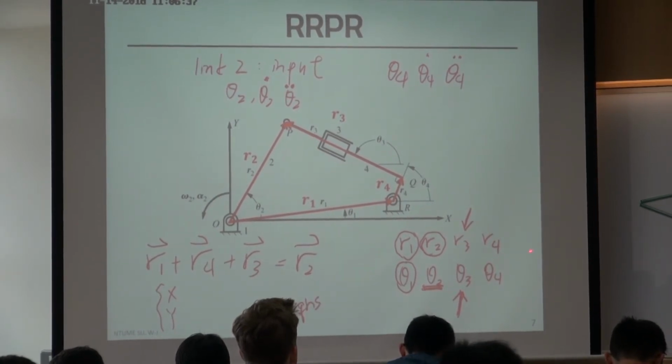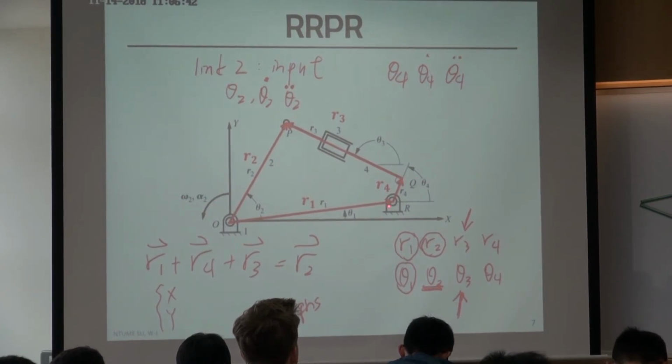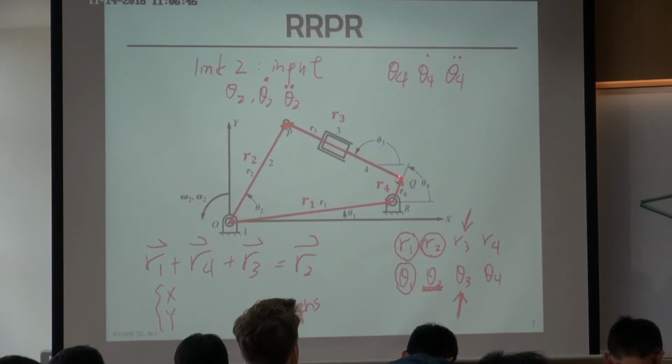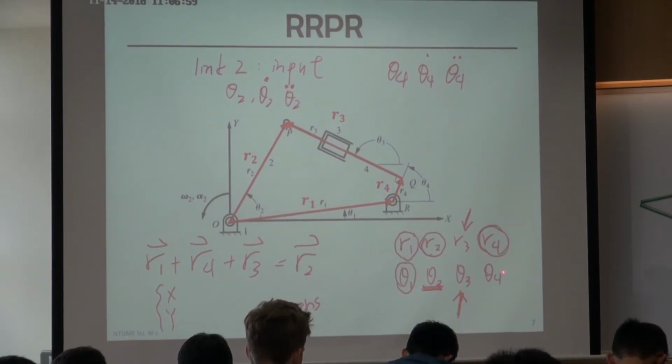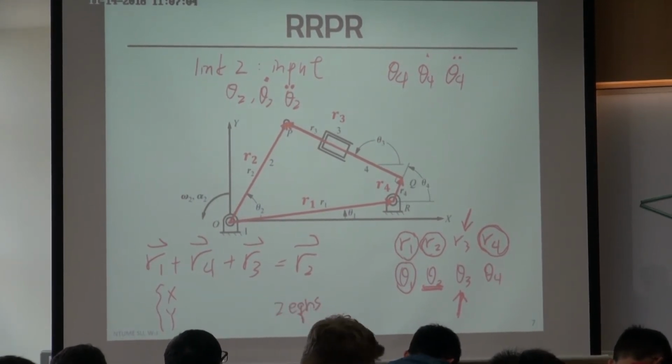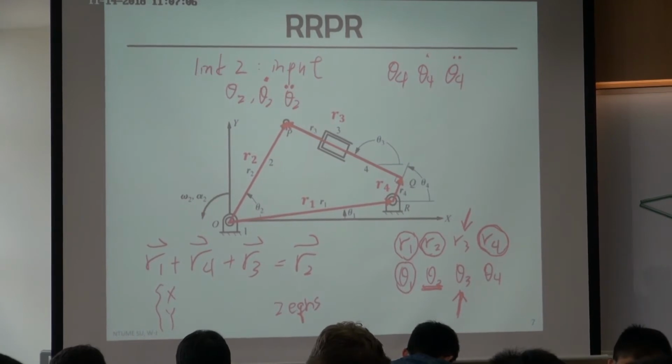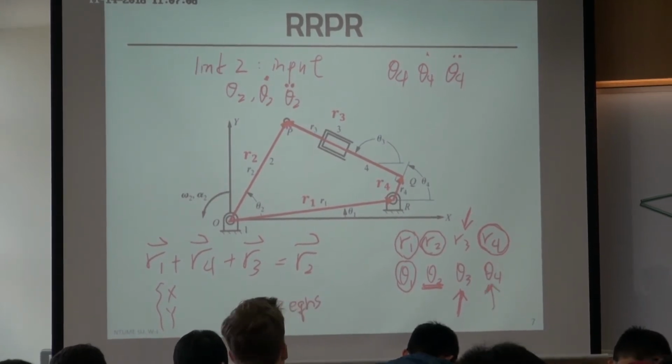Let's take a look at R4. R4 should be a constant because it's pointing from this point to this point, and that's just a fixed length. It's just a bar. It's a rigid body, so R4 is a constant. How about theta 4? Theta 4 is changing, right? It's also rotating when you drive this mechanism.